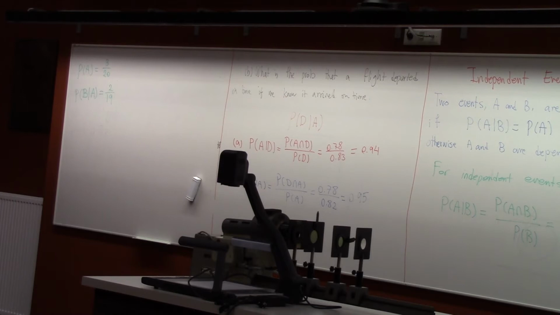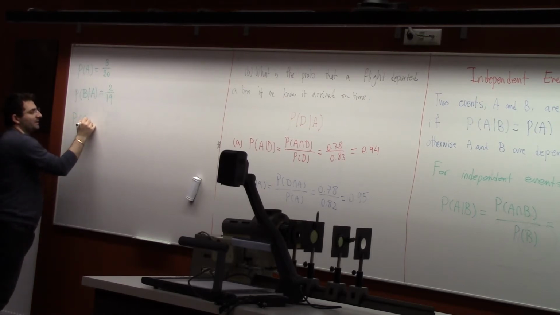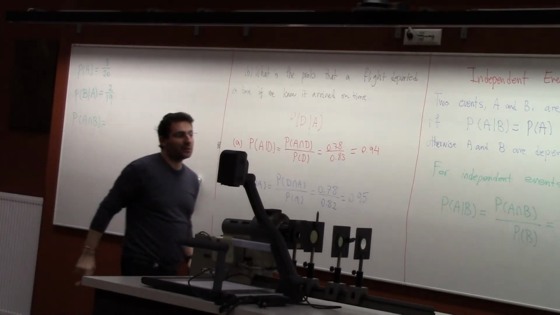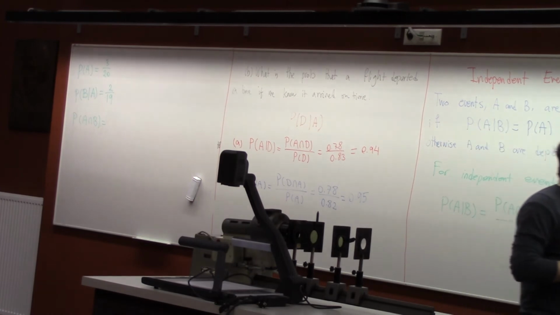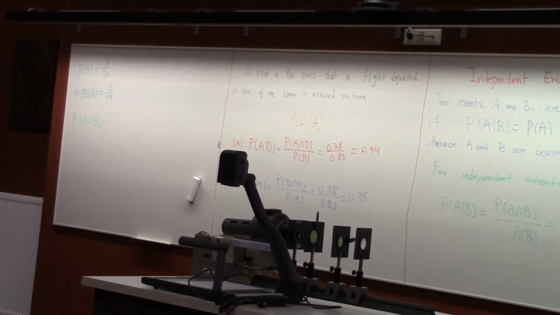Now, the question is what is the probability of A intersected by B? In order to calculate the probability of A intersected by B, we have a formula.